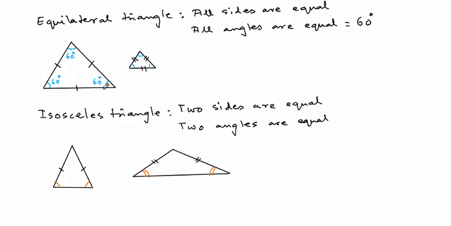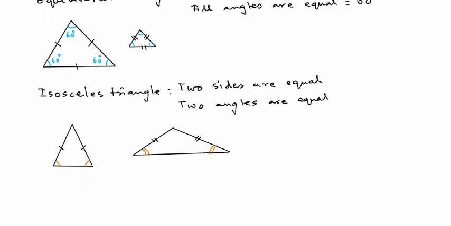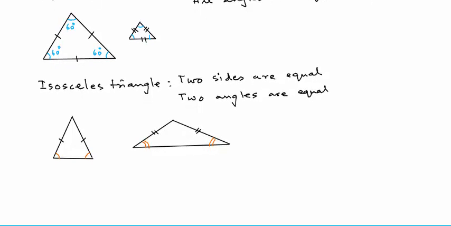60, 60, 60. And then we have something called a scalene triangle. Let me write that name down. I think I'm going to do it here. Scalene triangle.